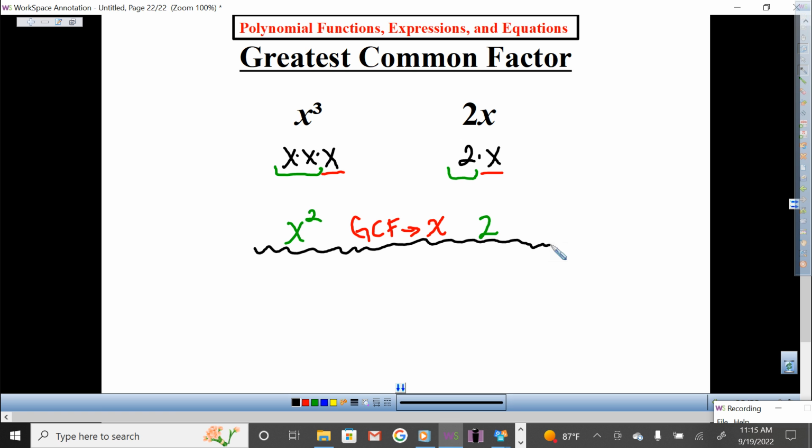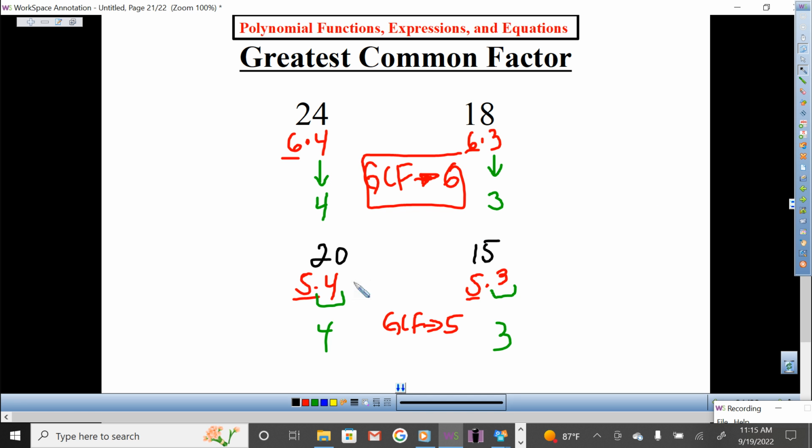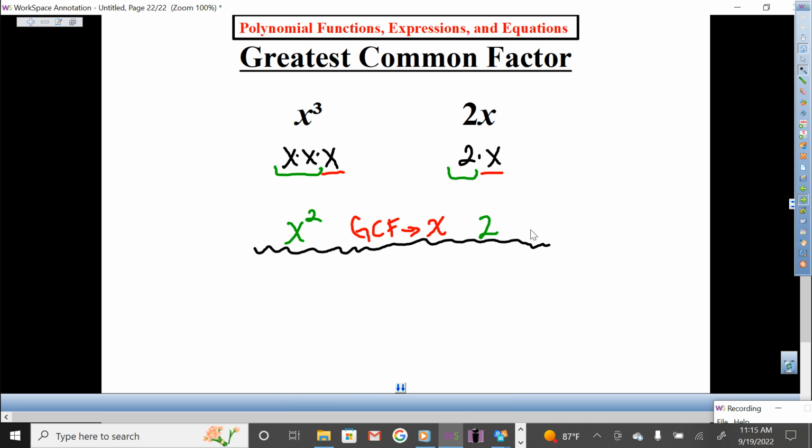I'm using all the mechanics for you to see it, because eventually, guys, look up, you're no longer going to be doing this. You're going to be doing it more automatically, like finding GCF straight through. Okay? So let's see. We did numbers, and then we did variables, and now we're going to combine numbers and variables. Okay? Here we go.